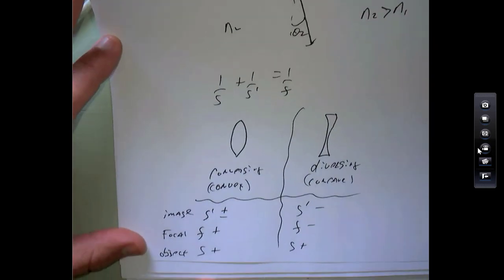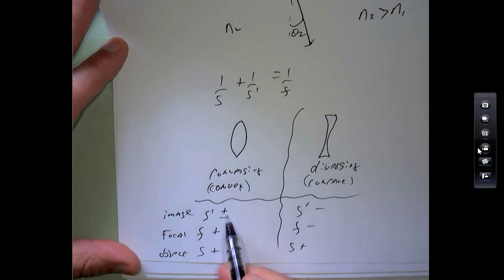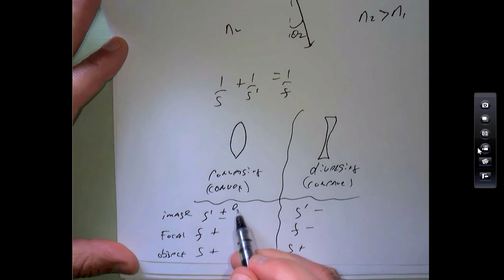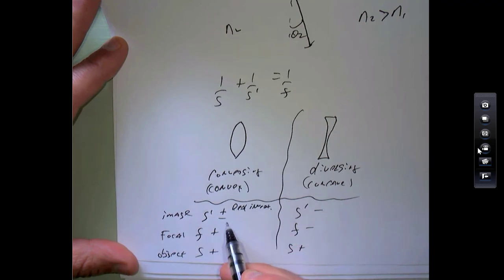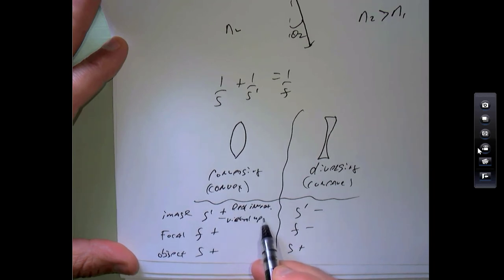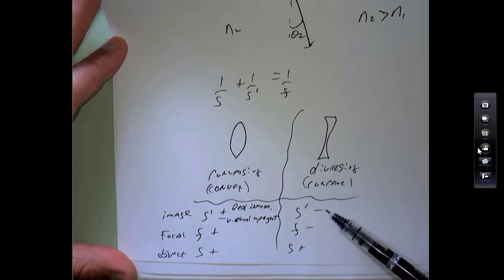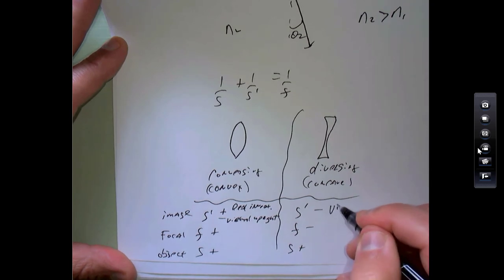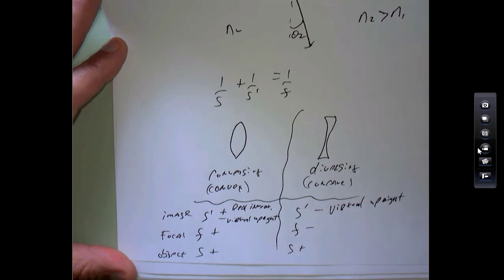Whoops, sorry about that. I'm running out of room here, but s prime being positive means real and inverted. This means virtual, and if it's virtual, it's upright. It means the same thing over here. With diverging lenses, you only get virtual upright images. This is the only thing that you could get. So take a look back at the ray diagrams for that.